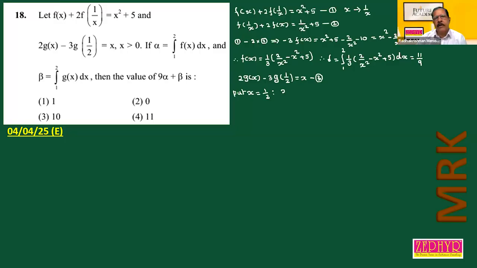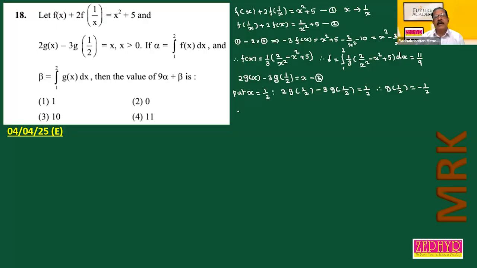So we have got 2 into g of 1 by 2 minus 3 into g of 1 by 2 is equal to 1 by 2. Therefore, g of 1 by 2 is equal to minus 1 by 2. Is it not? So we got g of 1 by 2 is equal to minus 1 by 2.